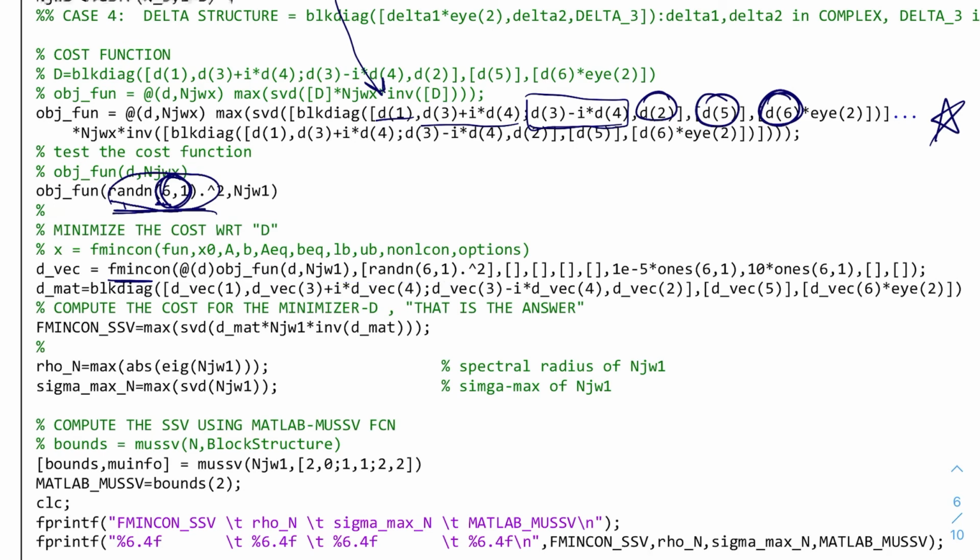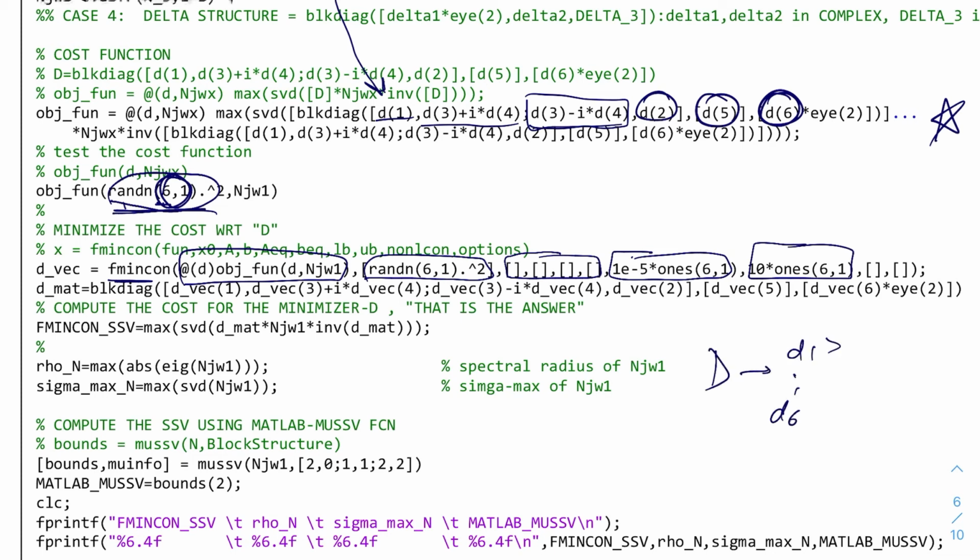And this is the cost function handle, and this is the starting point, and these 4 arguments I don't supply, and this is the minimum value, and this is the maximum value, and we parameterize our d such that d1 dot dot dot d6 each one is positive and real, right? Real numbers. So that was convenient.